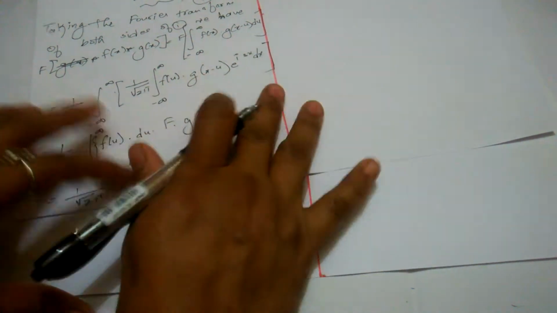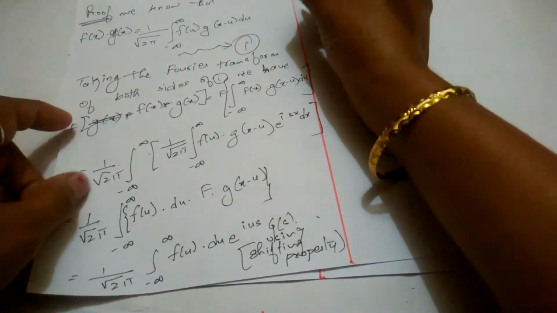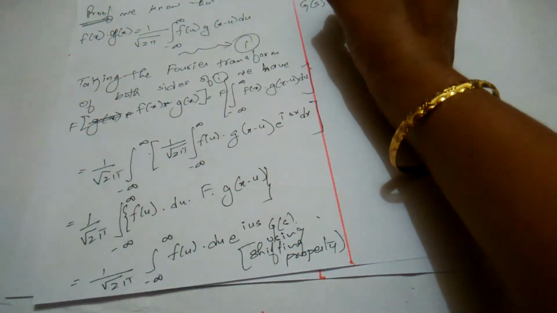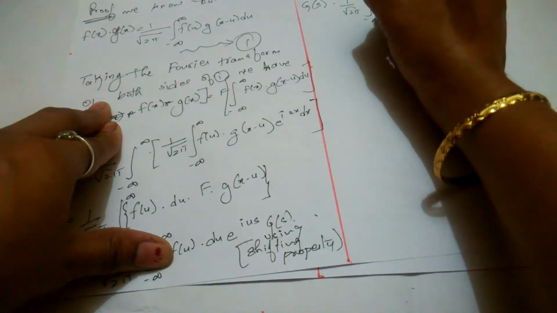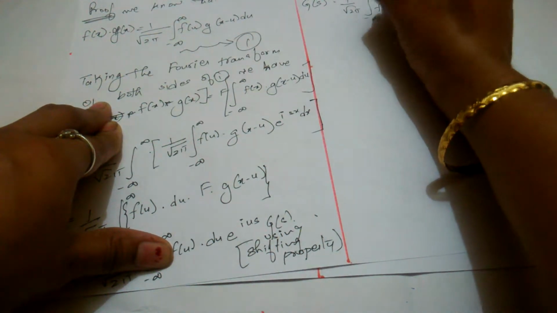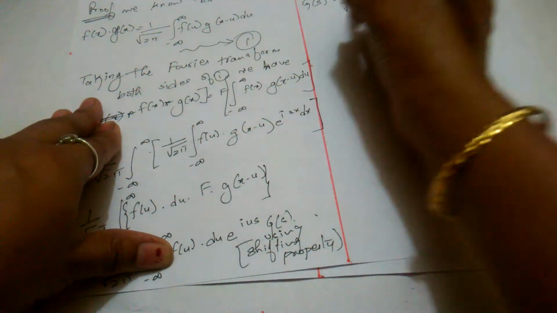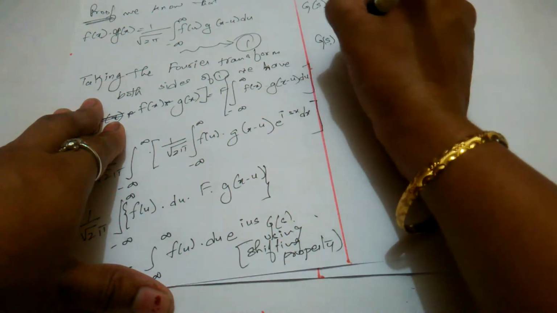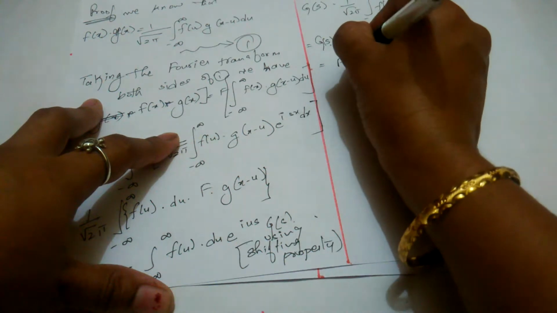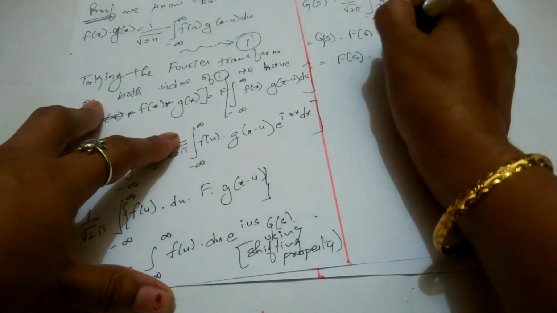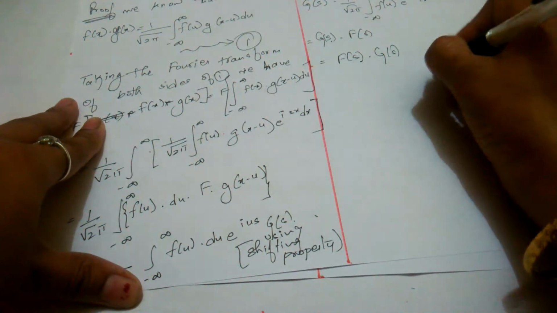As a result, what we are getting here is g of s into 1 upon square root of 2 pi integral minus infinity to infinity f of u e raised to i s u du, that is g of s into f of s, so F of f convolved with g is equal to f of s into g of s. Hence proved.